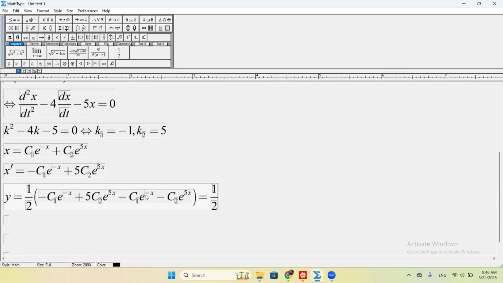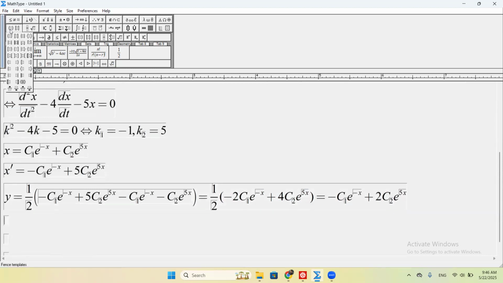So 1 over 2 minus, okay, what I will have here. So minus 2c1 x, minus 2c1 e in power of minus x, and plus 4 c2 e in power of 5x. And finally, here will be minus 1 and here 2.